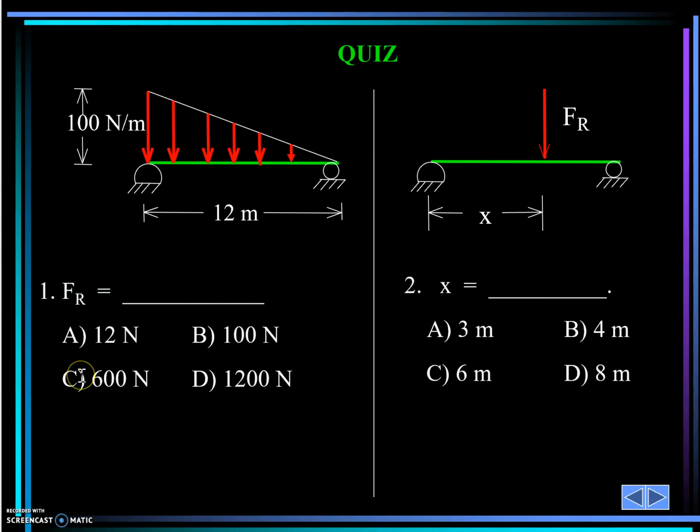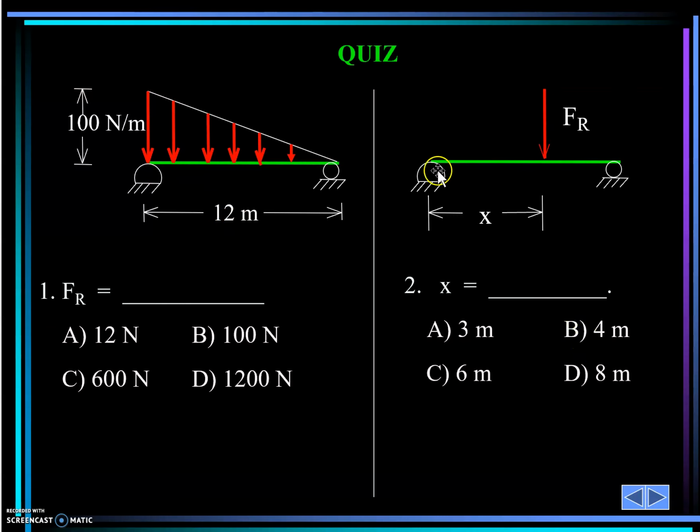So the answer is C, 600. So simple, right? At what point of application? You can just say 2/3 of that if you wish, or rather 1/3 from here and 2/3 from the vertex, and that's basically it. So what is 1/3 from the base? 1/3 of 12 is 4, so the answer is B.